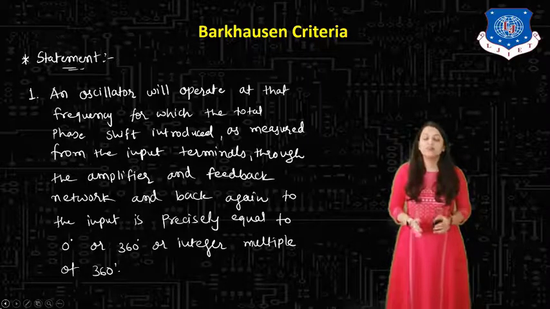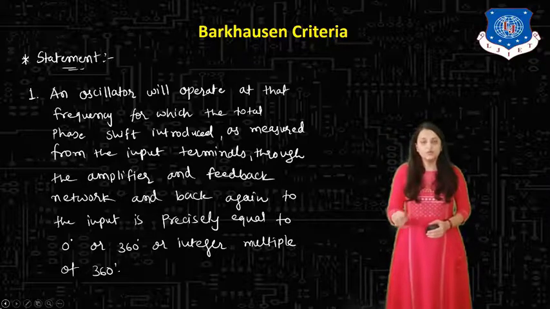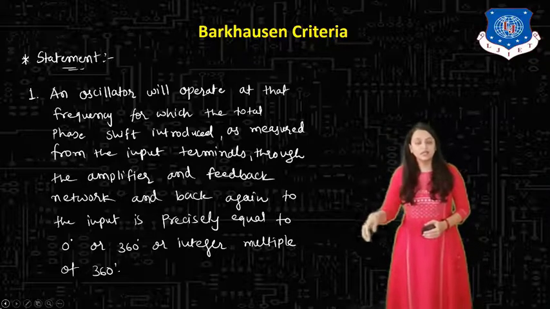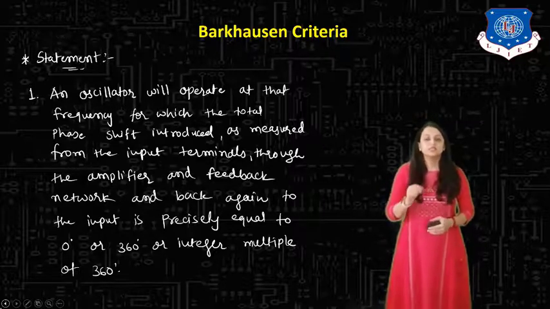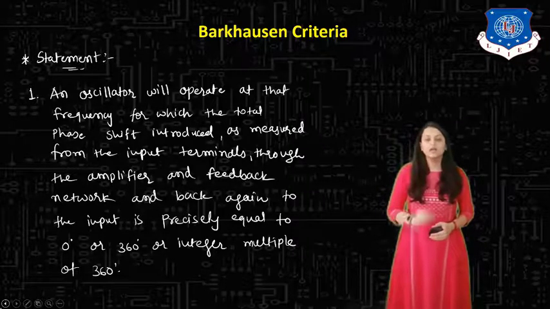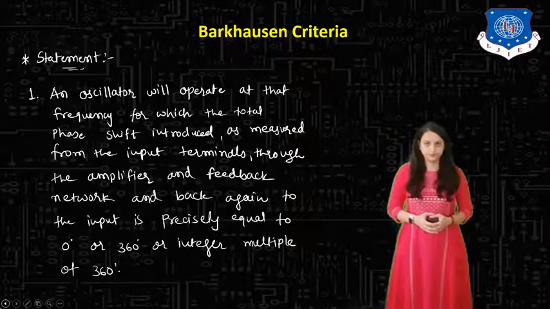That means the feedback network should not introduce a phase shift of 180 degree, or the reverse of the input. This is the positive feedback, that's why the output and input should be in phase with each other.